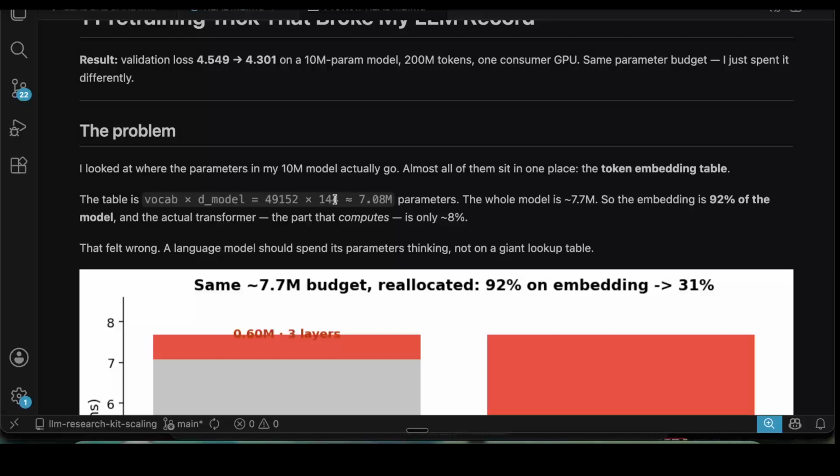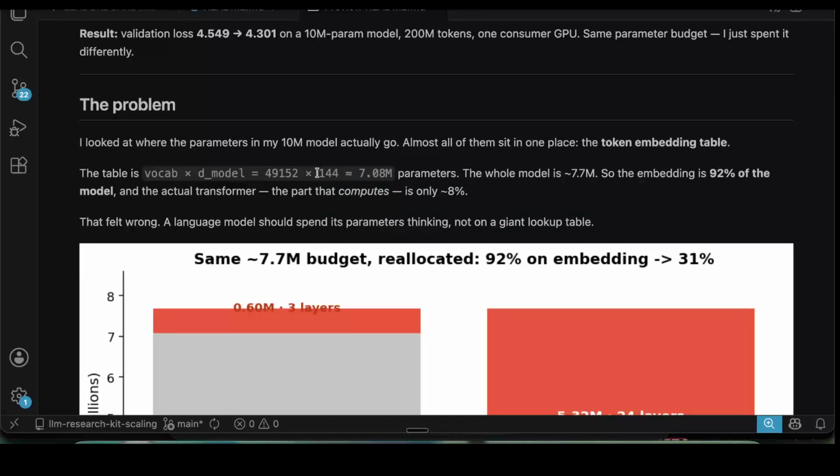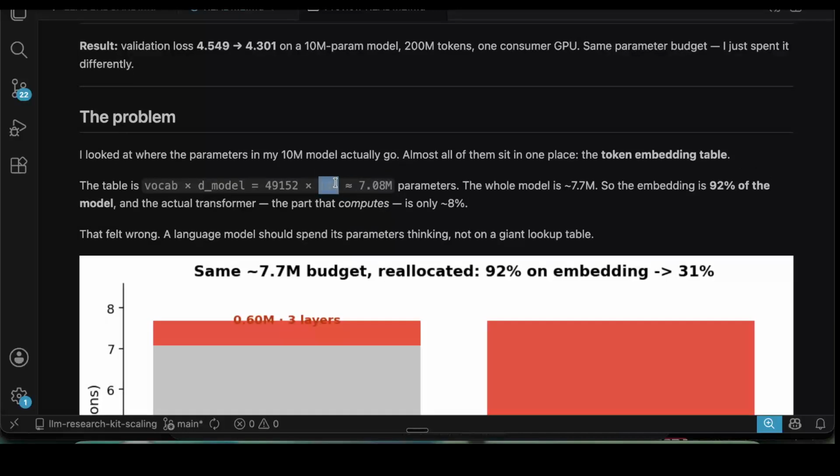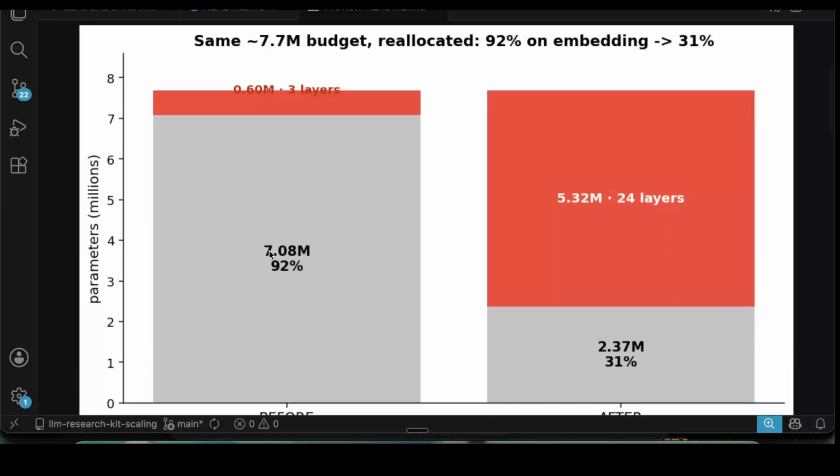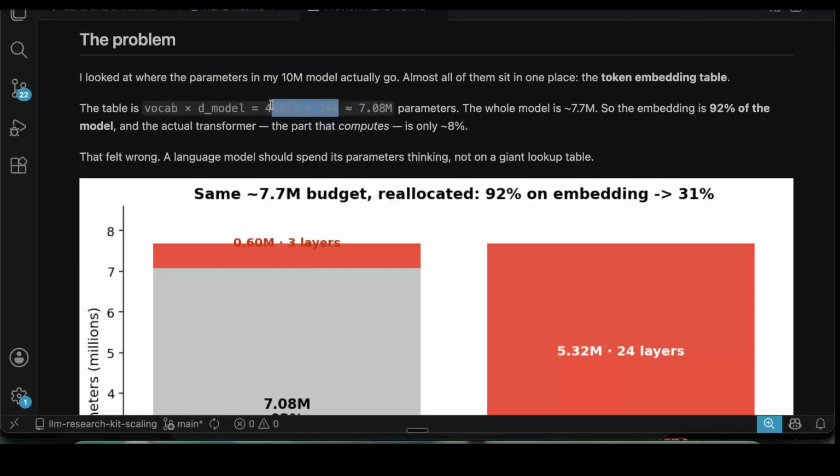So how do you keep this size of the token embedding vector so your attention mechanism and your feed-forward network are working with this? How do you keep this model width and this token embedding while reducing the number of parameters that go into the token embedding?